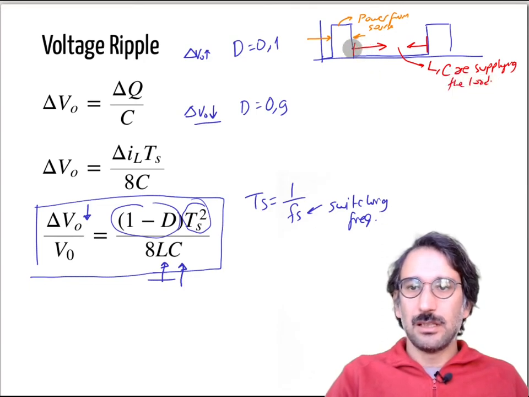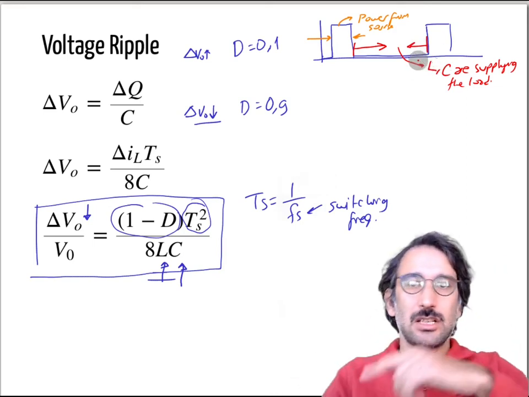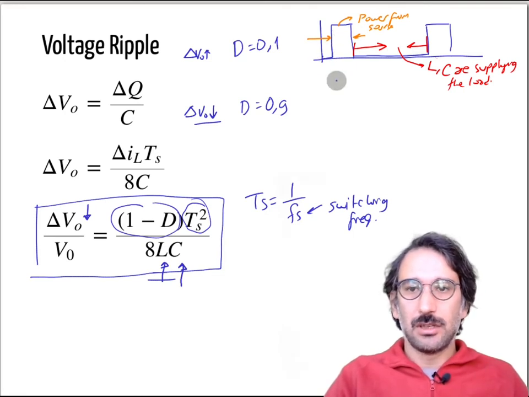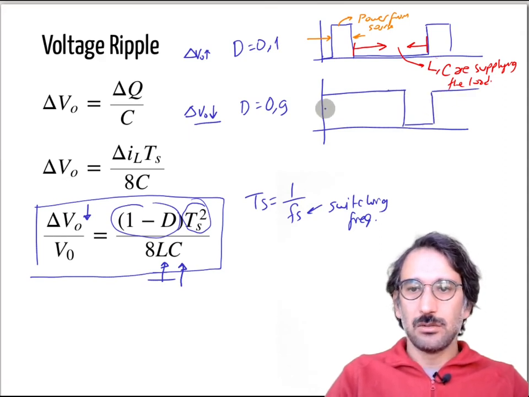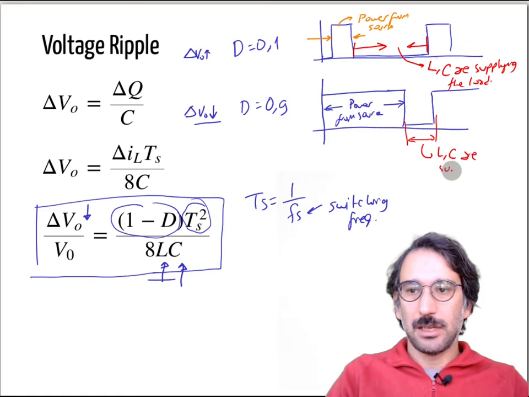So obviously, if that is a long time, L and C will keep discharging, and that will increase your ripple value. However, in the other case, if you have a long time for which you are getting power from the source, it is just that short instant where L and C are supplying the load.